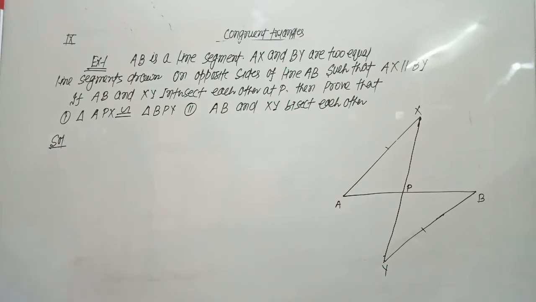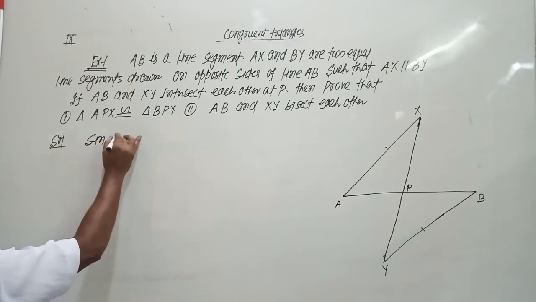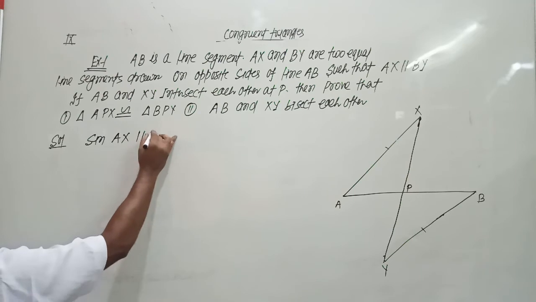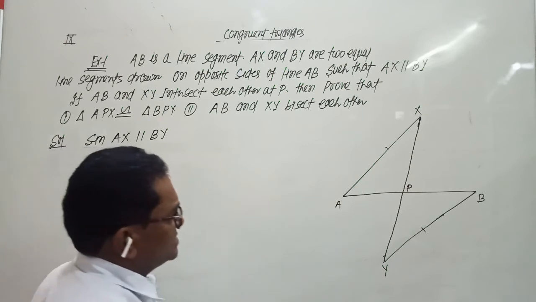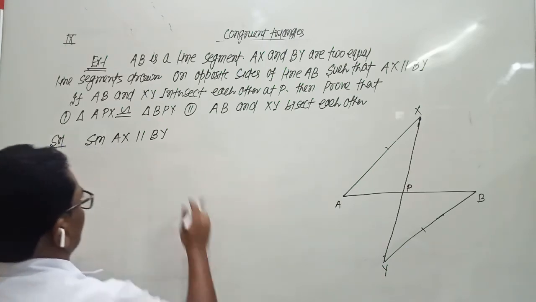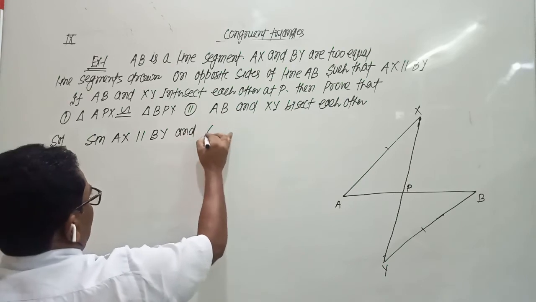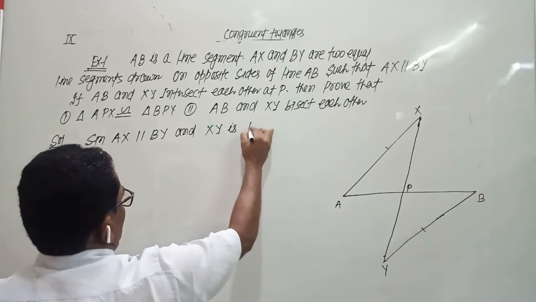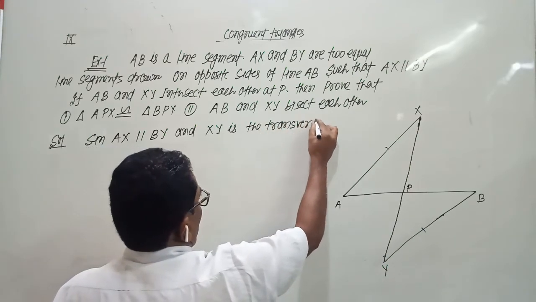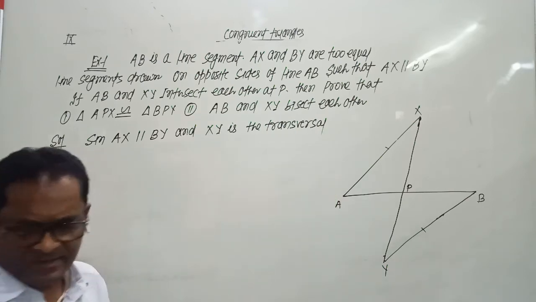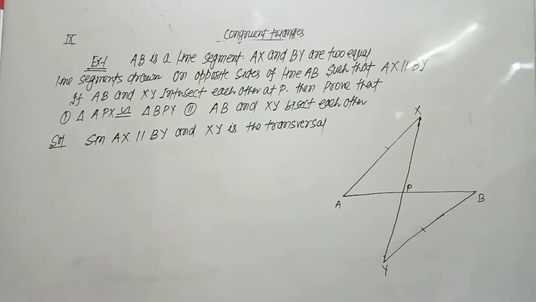Since AX is parallel to BY and XY is the transversal, if two parallel lines are intersected by a transversal, then alternate interior angles are equal.